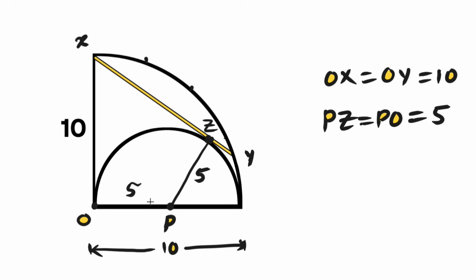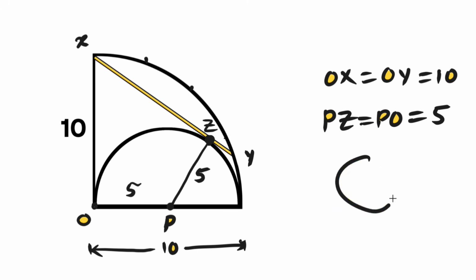Notice something important here. Point O lies on the smaller semicircle, so the segment PO is actually a radius of that smaller semicircle. Now, consider the point of tangency Z. We know a very useful circle theorem.